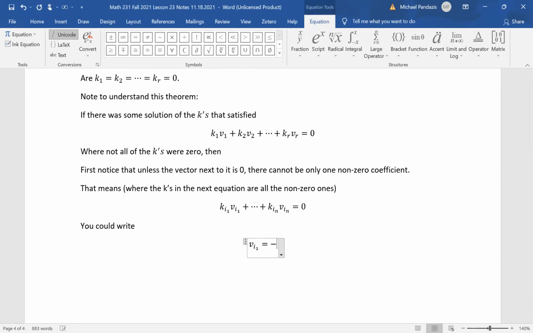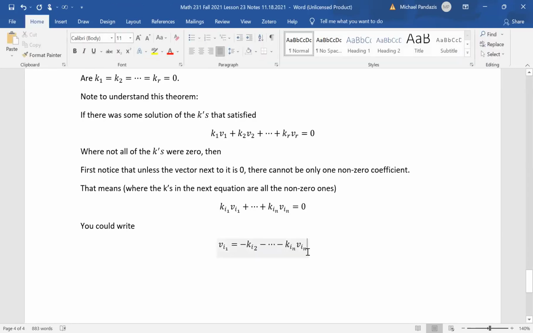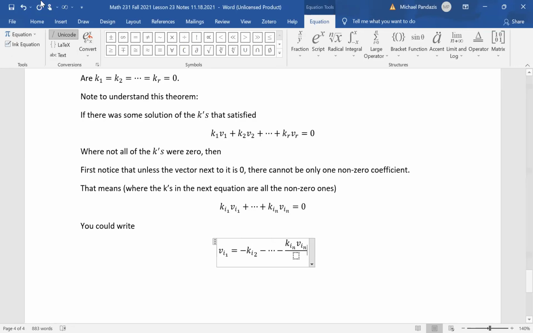So it'd be equal to negative k sub i2 times v sub i2, minus ..., minus k sub in times v sub in, and then you would divide by the k here. Divided by k sub i1, which is a coefficient here.